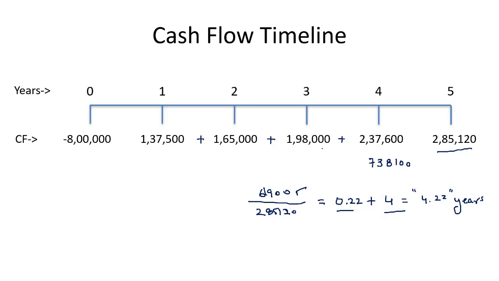Unless you discount these values in today's terms, it makes no sense to have this comparison, because something you're getting in the 4th year, for example, is not comparable to today's value. 8 lakh rupees spent today is not comparable to cash flows happening in the future. You have to have an apple-to-apple comparison, and the payback method does not consider that aspect of the investment decision.